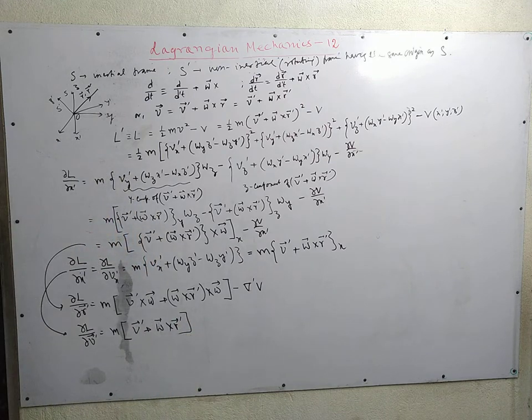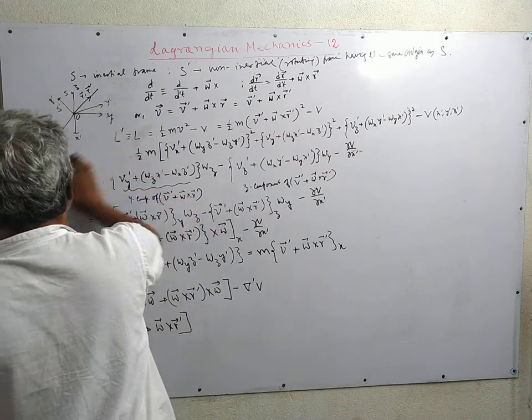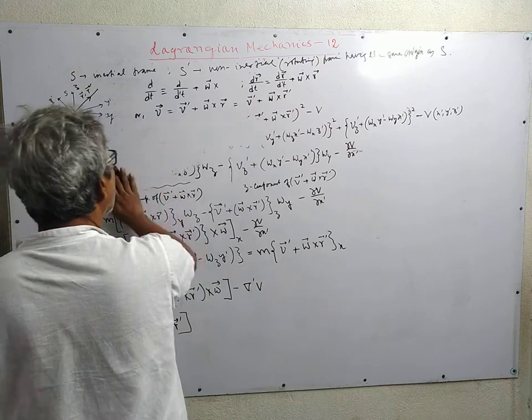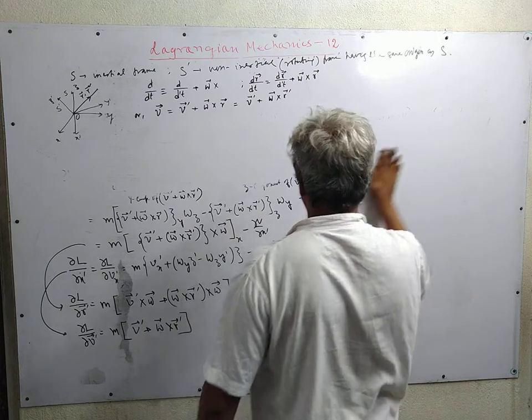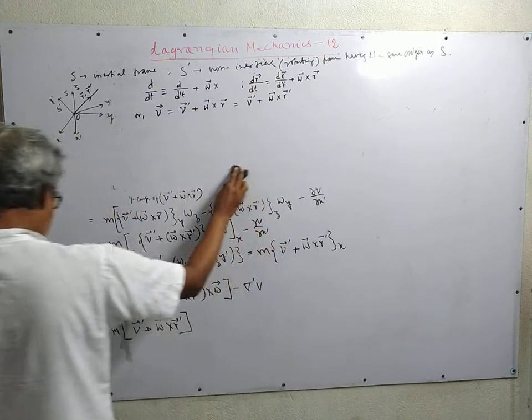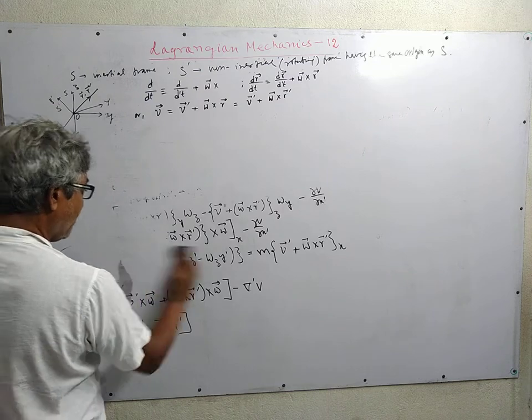If we now apply this to the Euler-Lagrange equation, these are the two relations which we need.